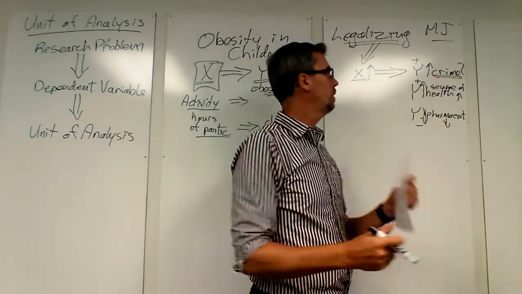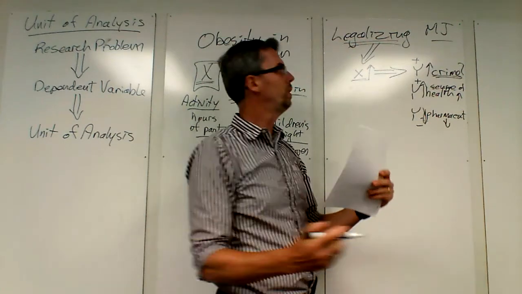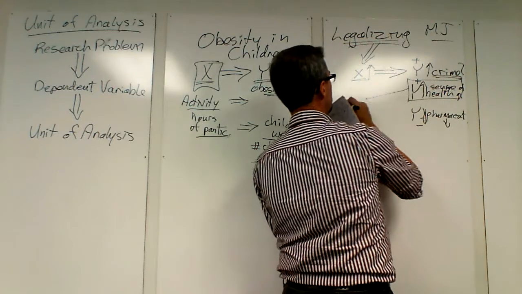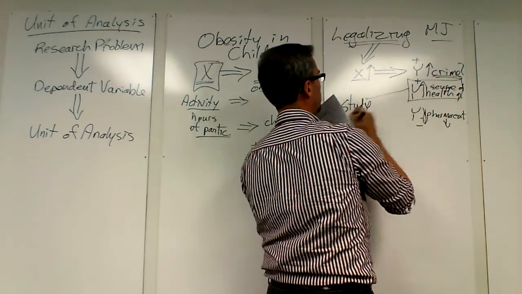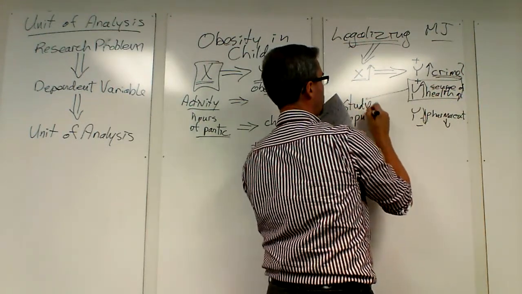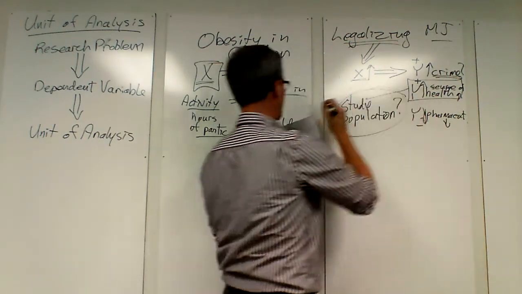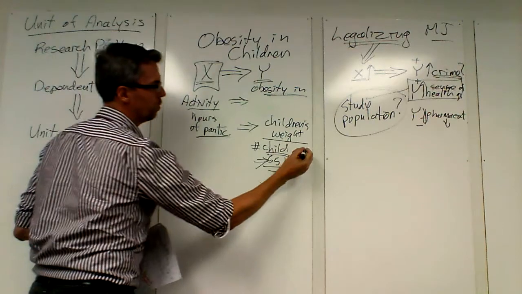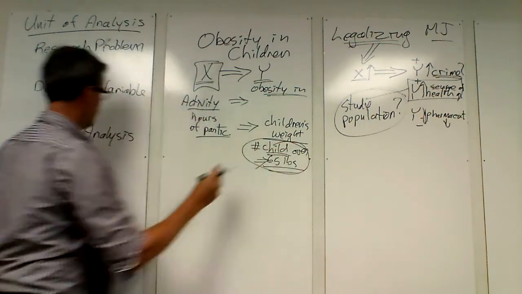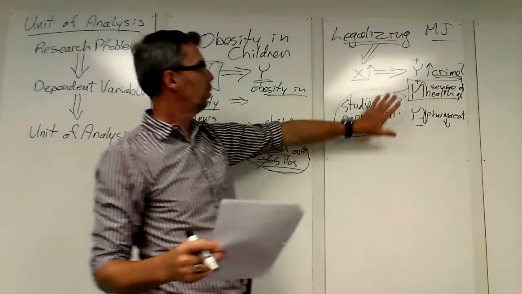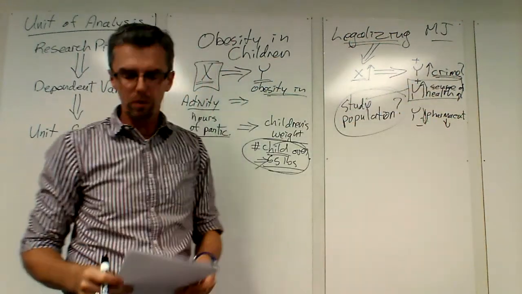And so the sense of well-being is going to be very dependent upon your study population. So this is what you need to consider here in all situations. What is your study population? In this case here, is your study population children over 65 pounds? So these are very, very important when you answer this question about the unit of analysis.